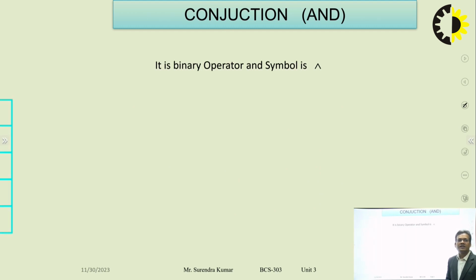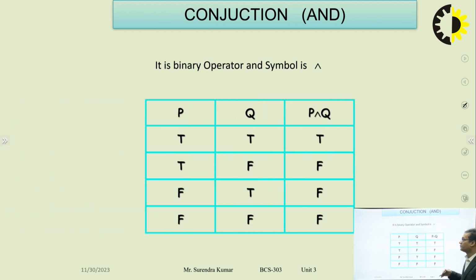If we talk about the conjunction, it is a binary operator because it works on 2 operands. It requires 2 operands. So on 2 propositions you can say, propositions P and Q, ये binary operator आपका apply होगा, and you can represent it as P and Q, or as I have already discussed, when you have both the values true, then only it will be true.